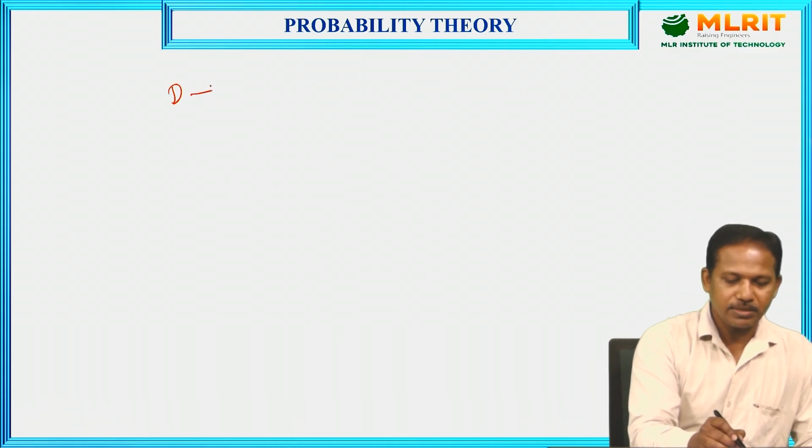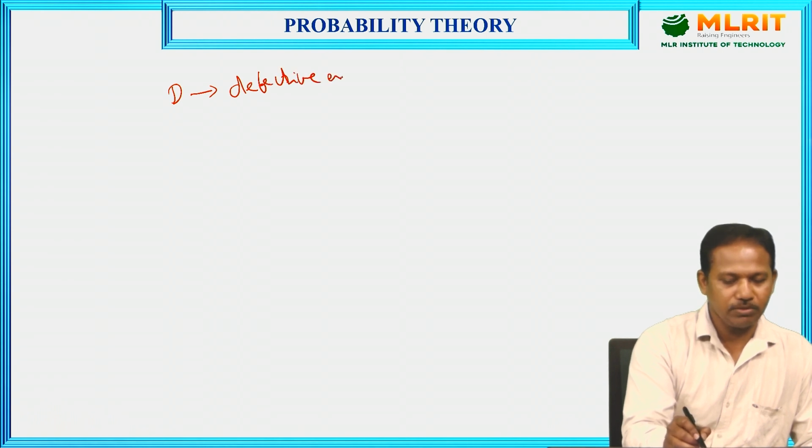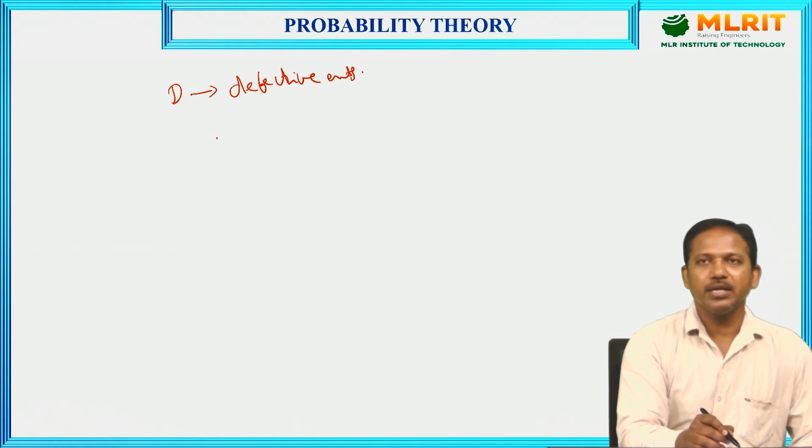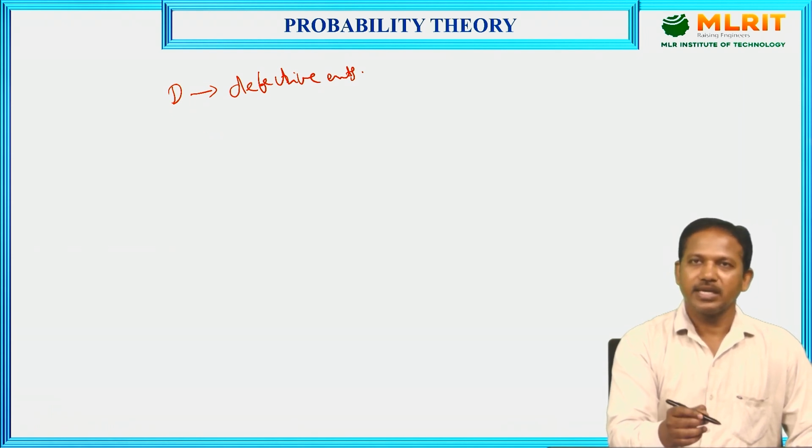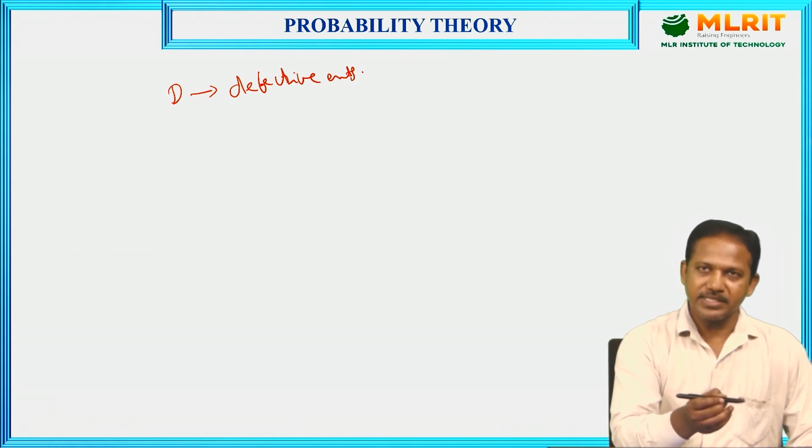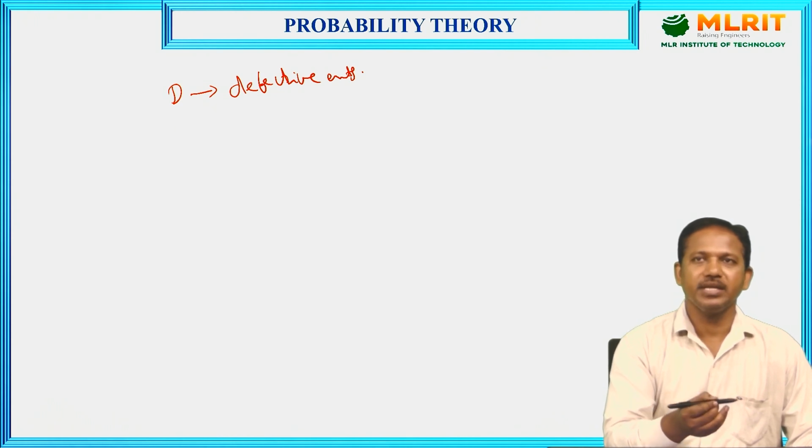D is my defective event. Now, I want to find the probability of defective events in machine 1, machine 2, machine 3, machine 4.